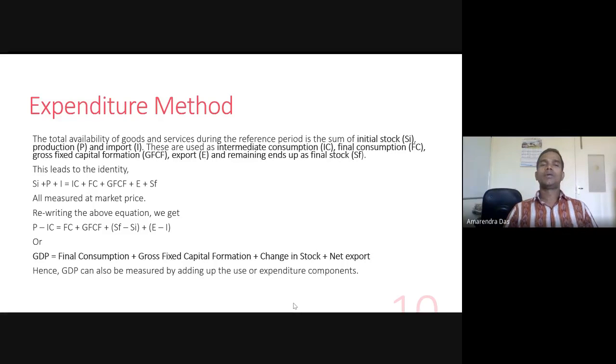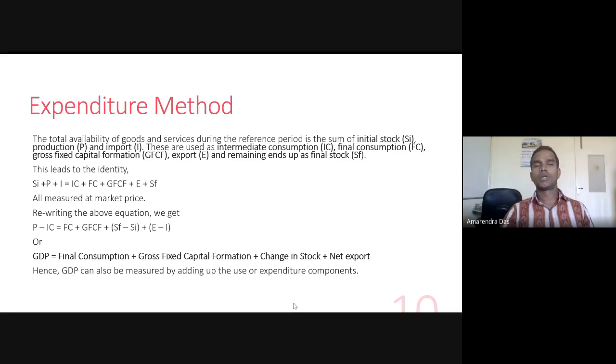The total availability of goods and services during the reference year period is the sum of initial stocks, production, and imports. So initial stock plus production plus imports, that is basically the total availability of goods and services in a particular year.